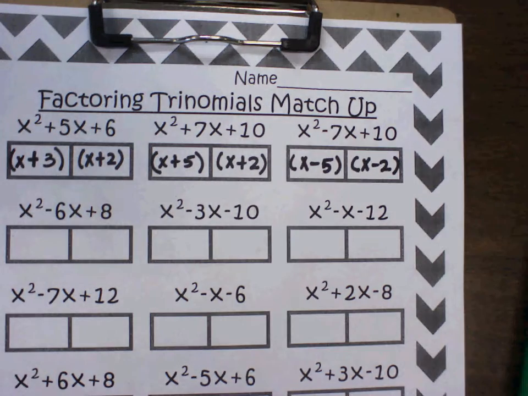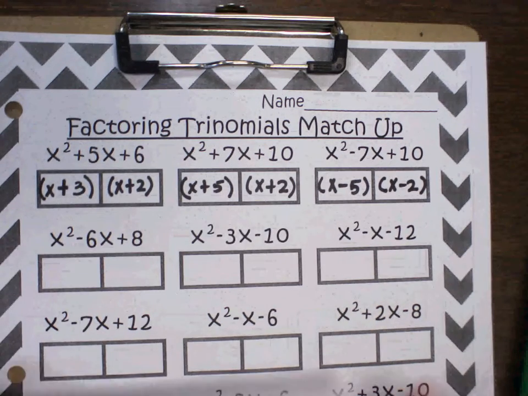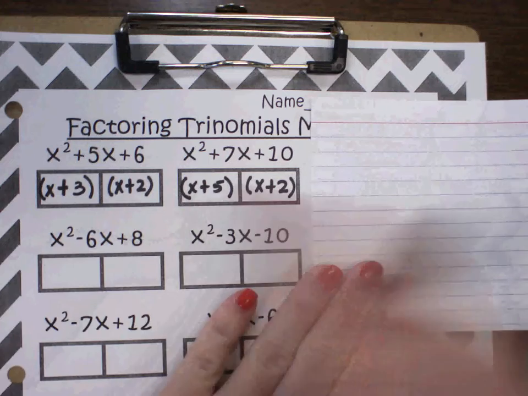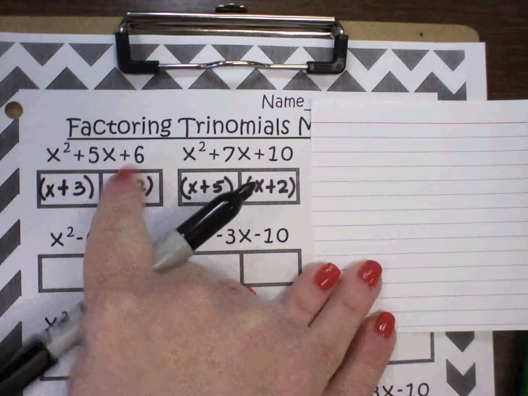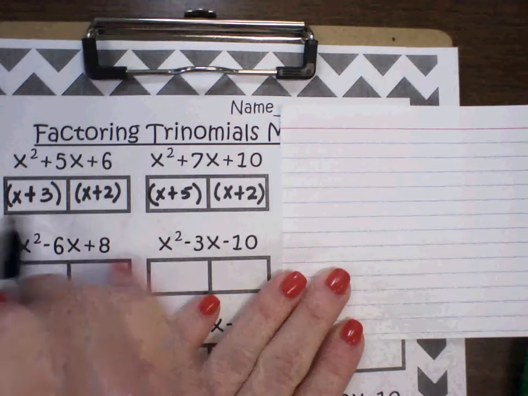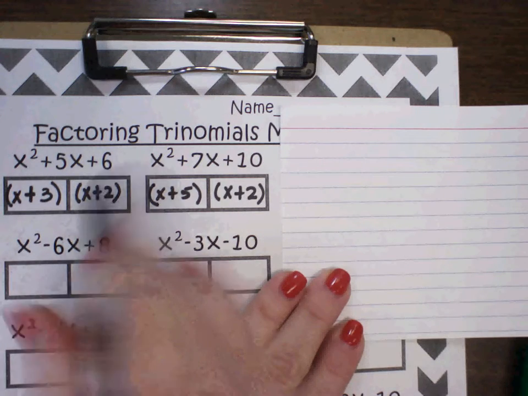All right, so what do you notice about the, let's start with the plus plus. When it's a plus and a plus, so we can have this as a cheat sheet, how are the parentheses? Positive and positive, right?